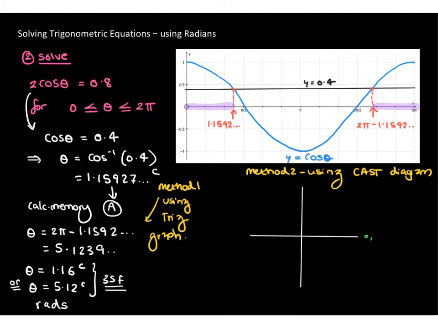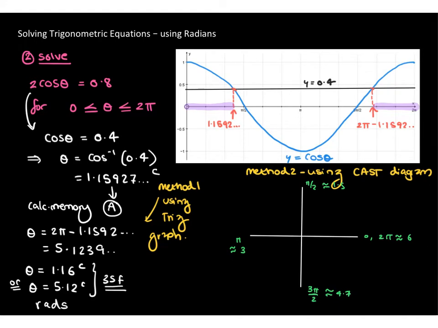So for instance, 2 pi we know is about 6. Pi by 2 we know is about 1.5. Pi, of course, we know is about 3. And 3 pi by 2 we know, which is over here, is about 4.7. So very, very useful to know the approximate values of angles.